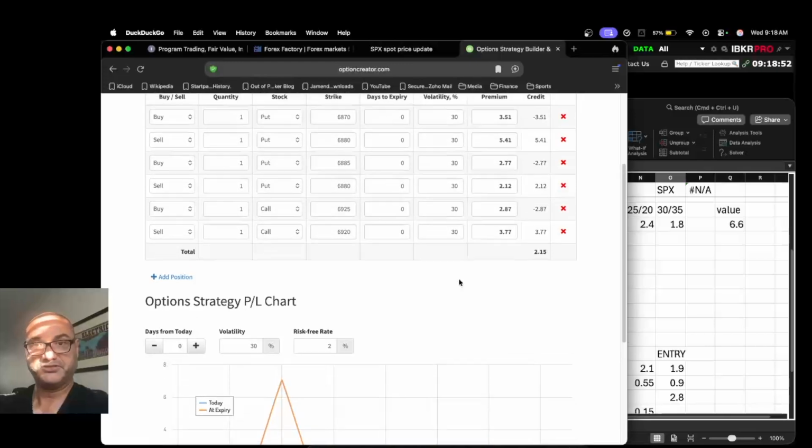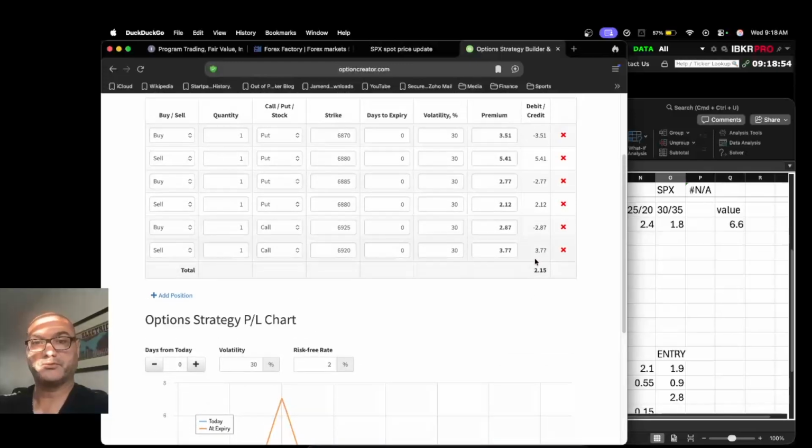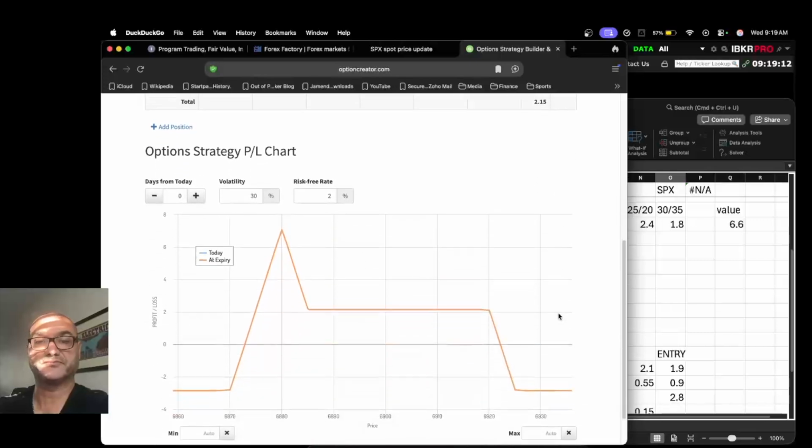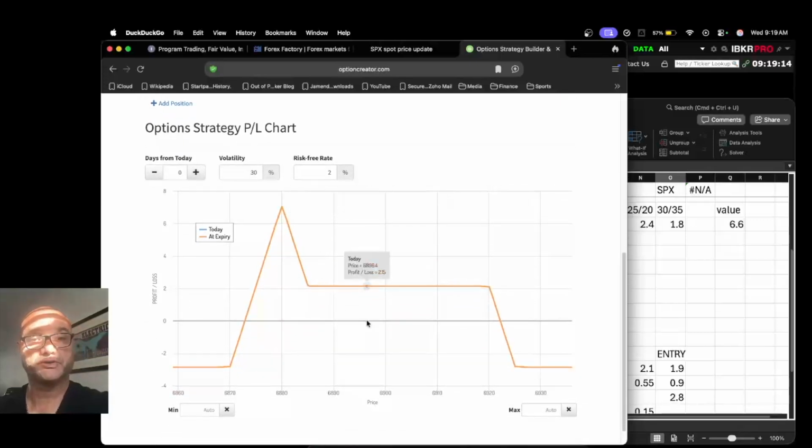Now, mentioning credits received, remember that in addition to the buck 90 for the 80-70 vertical, I also sold a call vertical for 90 cents. So there's $280 worth of credits. I butterflied half the downside risk by purchasing the 85-80 put spread, so I have $215 of credit in this current structure.